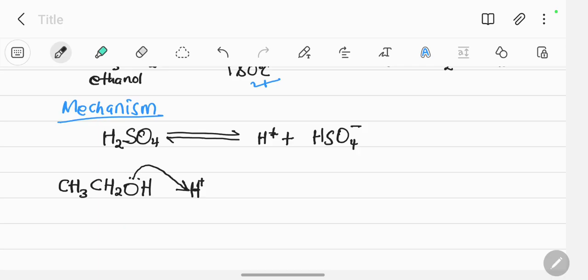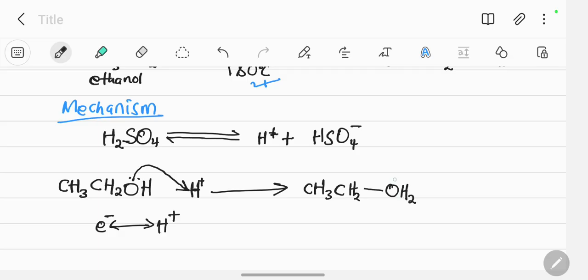We know very well that electrons are negatively charged and these hydrogen ions are positively charged. So there is an attraction there, and that's what you're going to base on. So from this, I'm going to be forming CH3CH2OH2+.